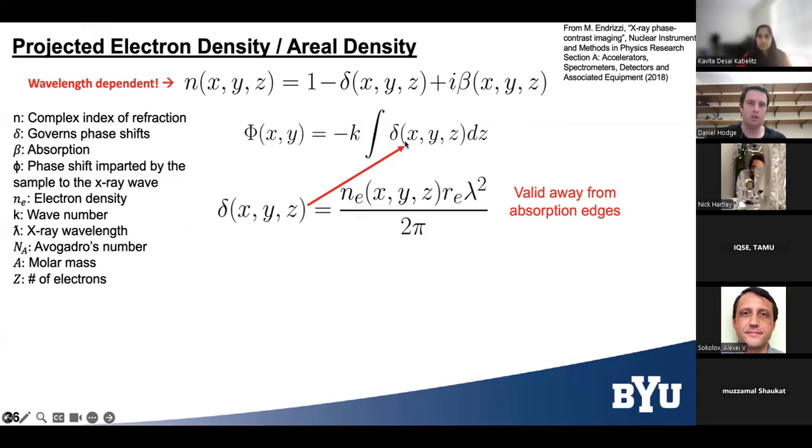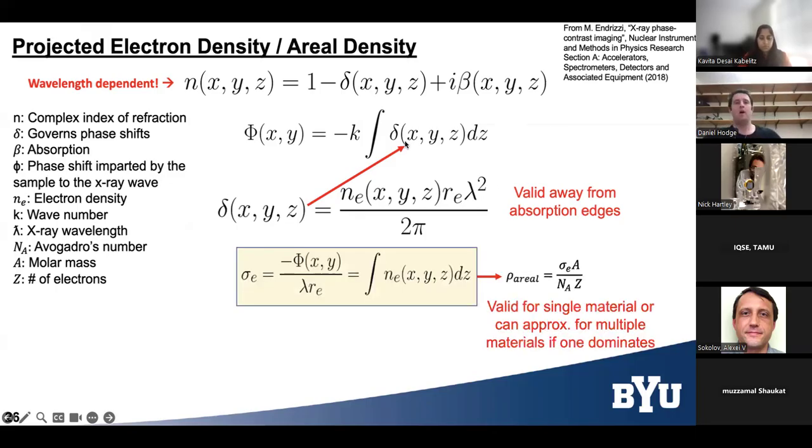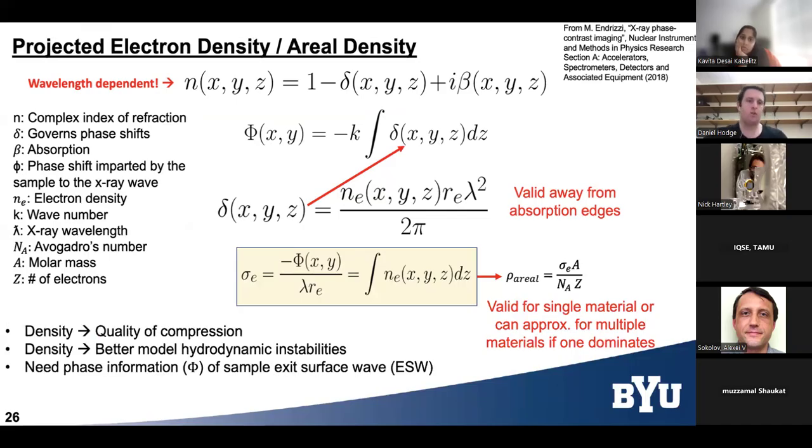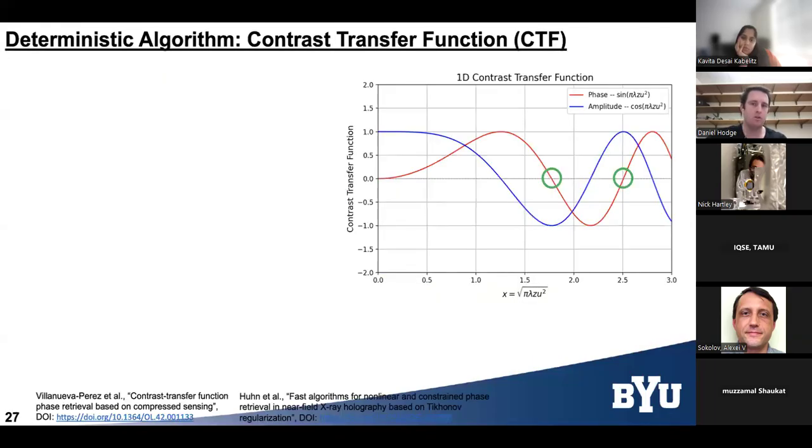It can be plugged into this, and from that, we can get the projected electron density sigma. And from this projected electron density, if we assume a single material, or if at least it's close to a single material, we can get the areal density out, which is grams per centimeter squared, versus mass density, which is grams per cubic centimeter. And of course, density for the quality of compression and to better model hydrodynamic instabilities.